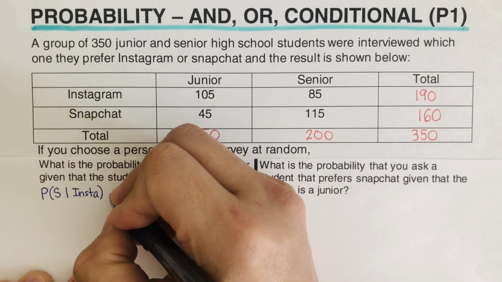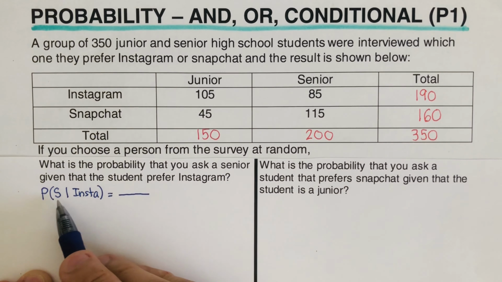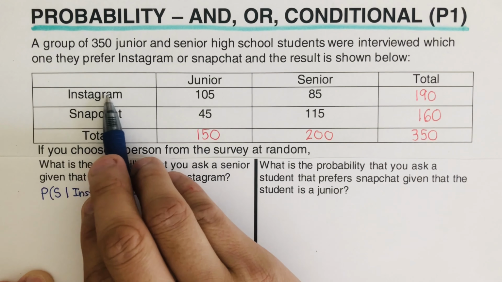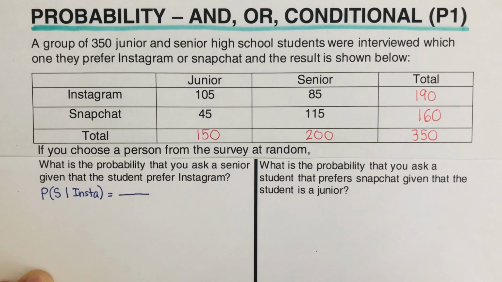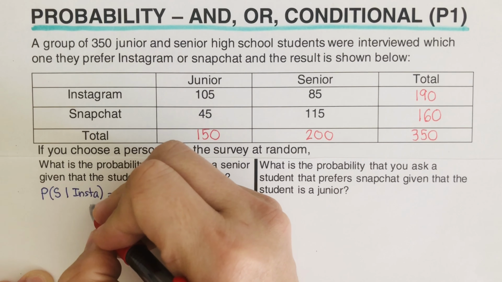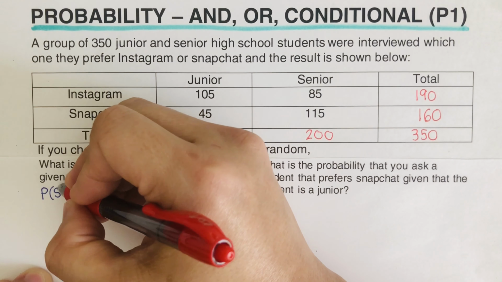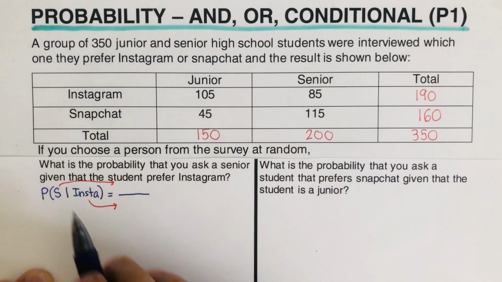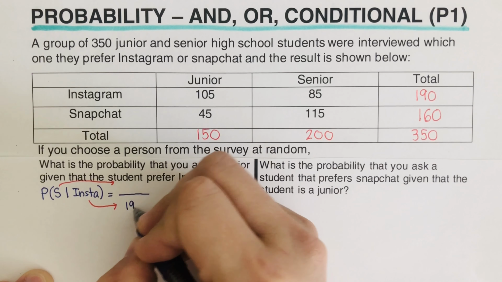So in this problem right here, this is pretty much like a fraction setup ready for us. We look for the total Instagram. This is the one that will go to the bottom, and this one would go to the top. So Instagram total is 190, so I write 190.